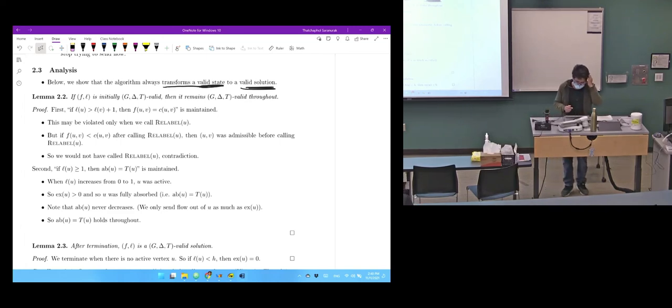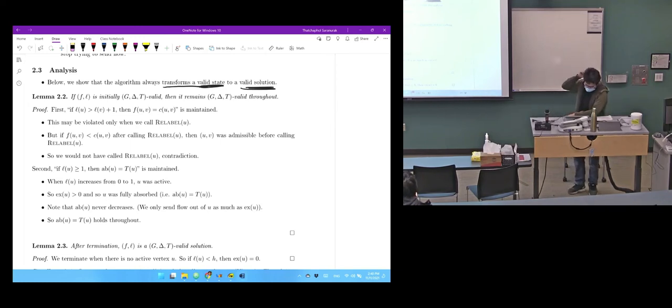But this is surprising. It shouldn't work somehow, because otherwise someone should have claimed that max flow can be solved in m times diameter time, and this is not in the literature. So something, yeah.